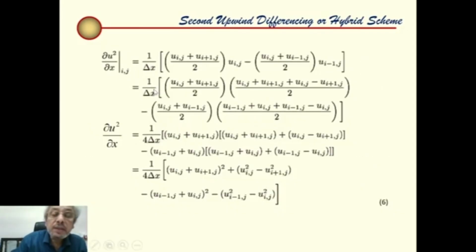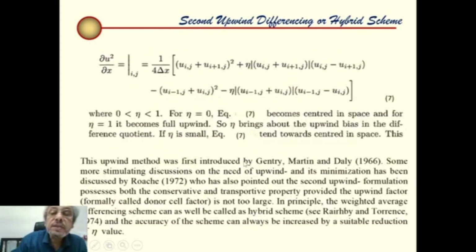This is this minus this quantity, so it is exactly the central difference discretization. And if eta is 0, it is central difference.